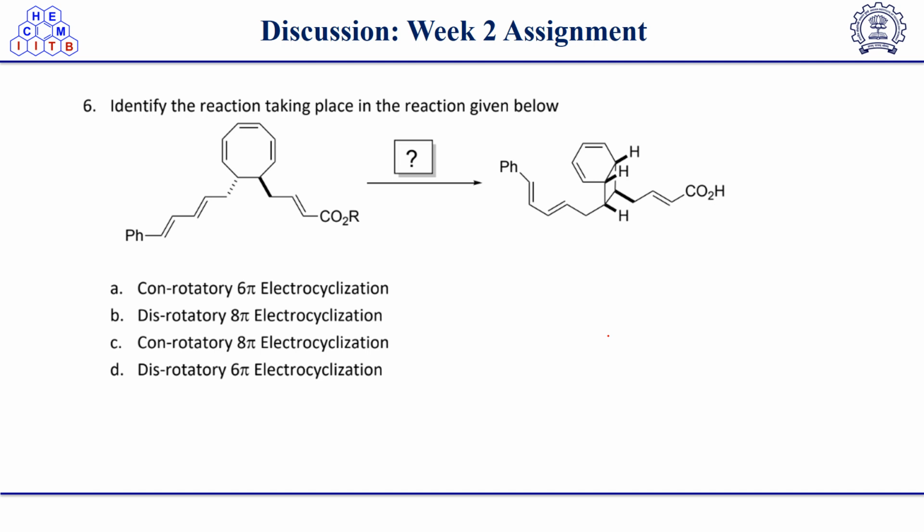So here the correct answer is a 6 pi electrocyclization. 6 pi electrons are involved and the rotation is disrotatory.